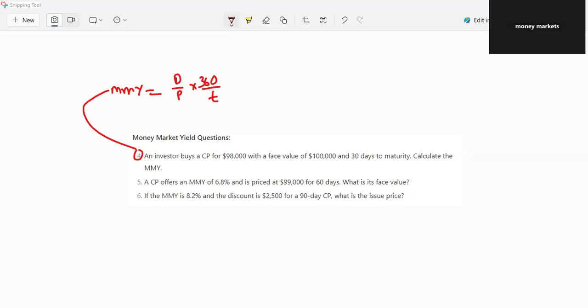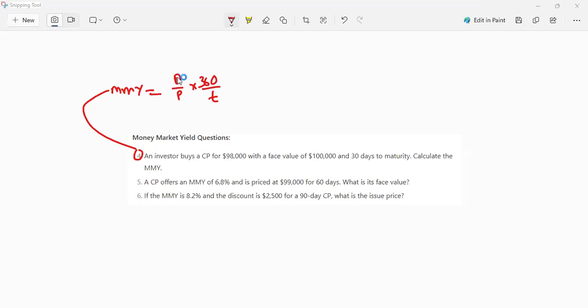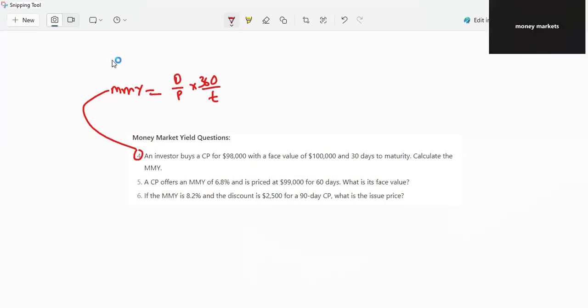So we have not been given the discount, but we can calculate it. The discount is simply the difference between the face value and the price. So 100,000 minus 98,000 will give us what? 2,000. So 2,000 is our D. D is simply the discount value, face value minus the issue price.